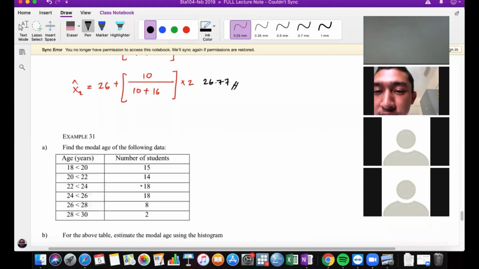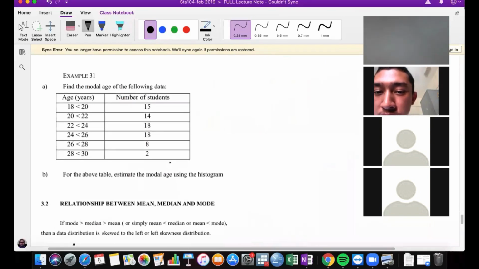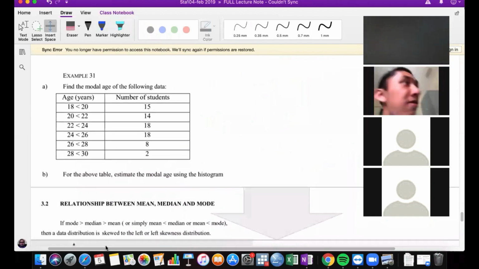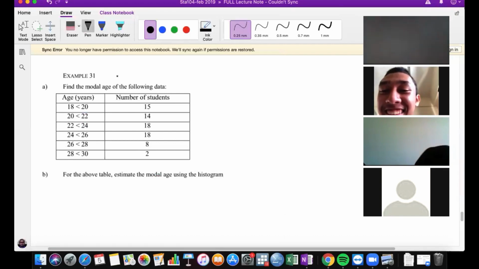Okay, so now example number 31, the last example for mode before we end our lecture today. This is group data.